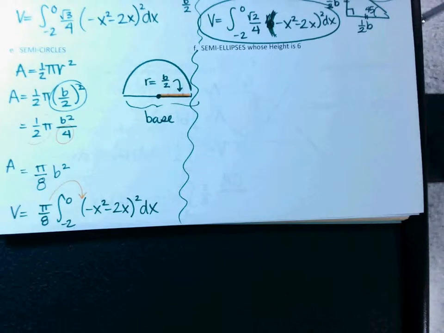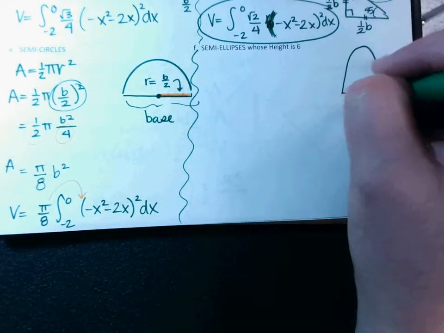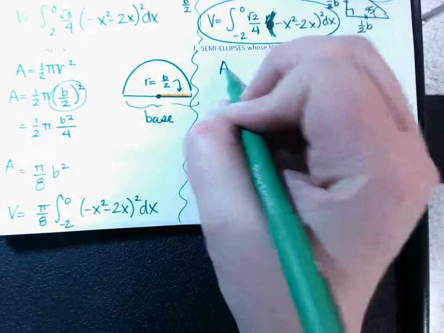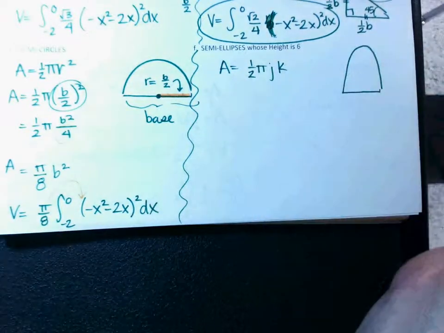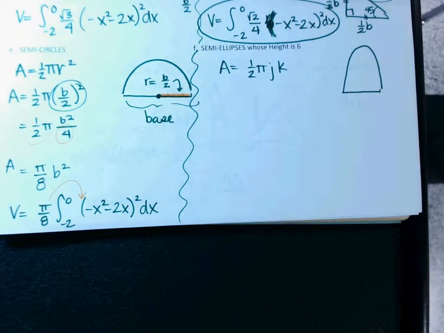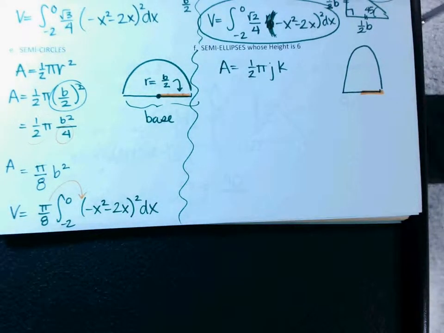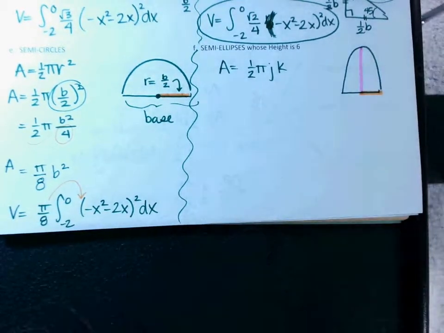Okay? Next one is a semi-ellipse. Remember that an ellipse is the same as an oval, and your area for an ellipse is 1/2 pi j k. Remember that j is going to be your radius in one direction, and k is going to be your radius in the other direction. Let's think for a second here.